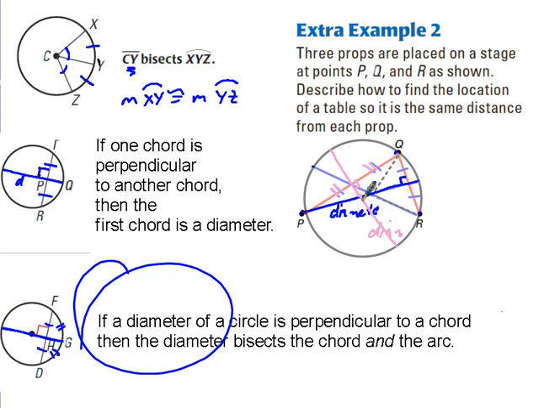And since it's a diameter, they both go through the center, and now we have the point that is equidistant to all three props. By constructing the diameters on two of these perpendicular bisectors, we get the center, which is equidistant from the three props.